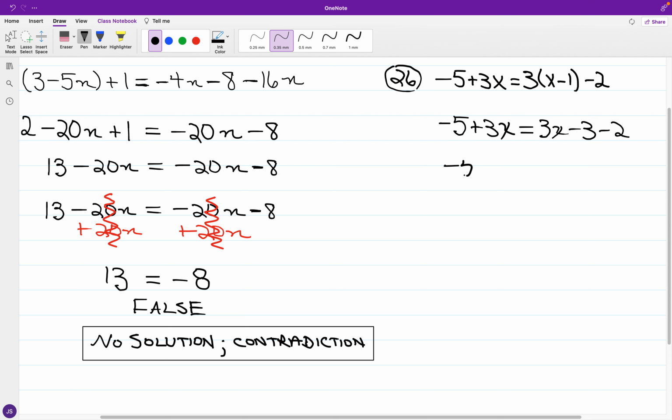So we have the terms on the left hand side waiting for what's going to happen on the right. On the right we've had distribution, and now we have like terms with -3 and -2, and if we combine the constants on the right, we got 3x as the only variable term in this location, and we have -3 minus 2, will be -5.